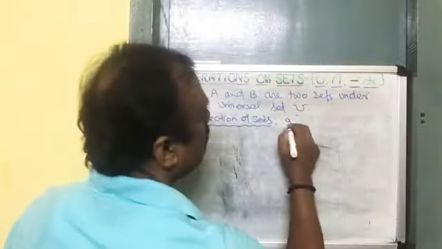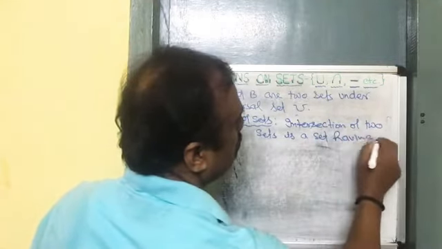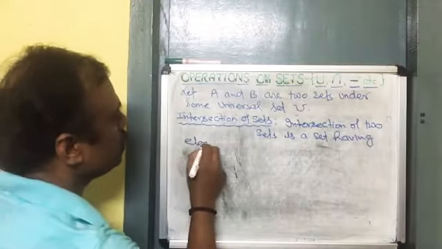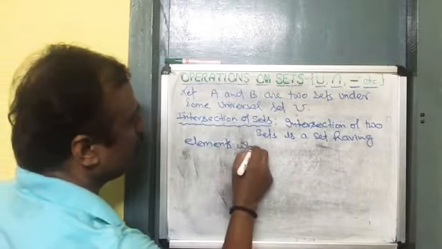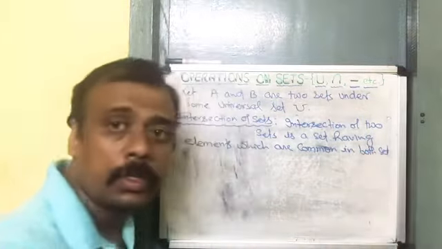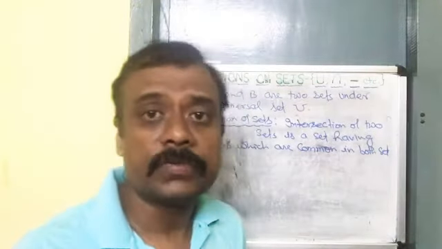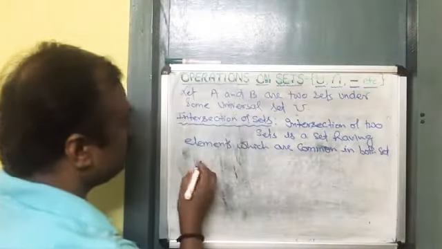Intersection of two sets is a set having elements which are common in both sets. So intersection of two sets will have the elements which are in both sets. This we can represent in this way.